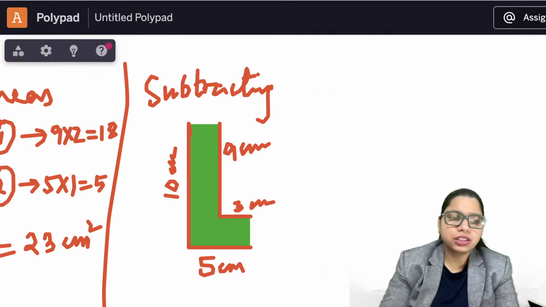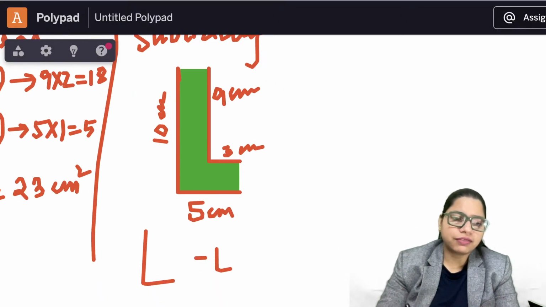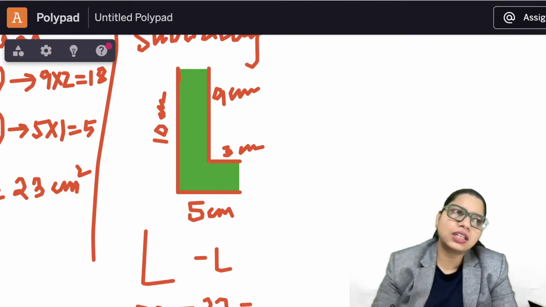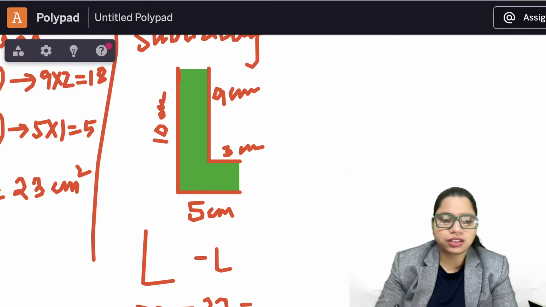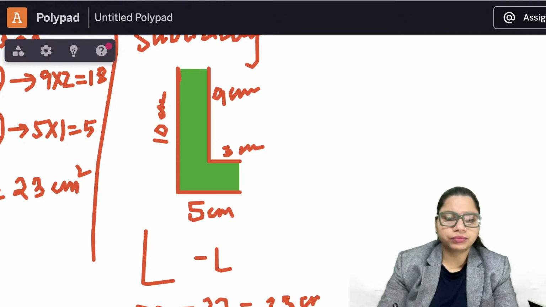For subtraction, we take the big L and take away the small l. That means 10 times 5, 50. We wouldn't be adding, we will be multiplying. 10 times 5, take away 9 times 3, which is 27. 50 take away 27 is 23. So I think we get the same answer.